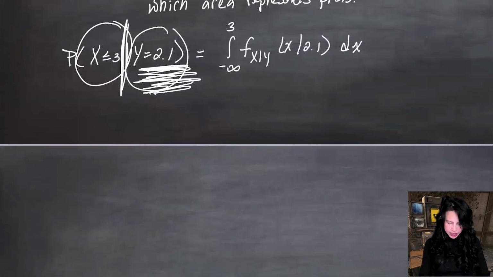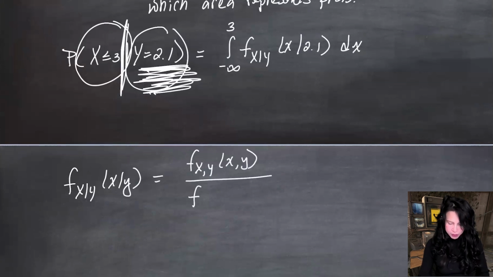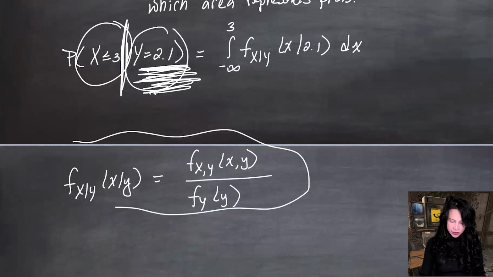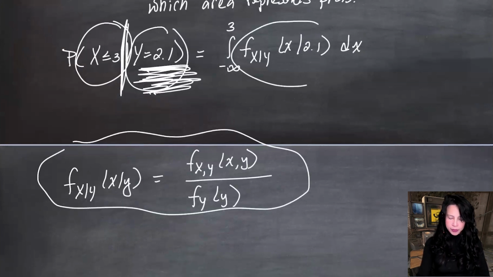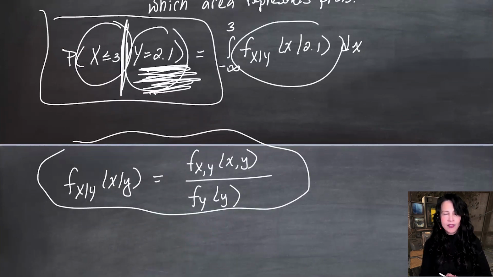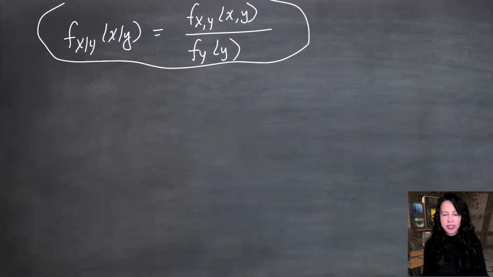And that definition still holds, even if x and y are continuous. So we get a joint PDF, which does not represent probability, over a marginal PDF for y, which does not represent probability. But this is how you define a conditional PDF in the continuous case. So that would be how you would compute something like this in order to compute something like this.